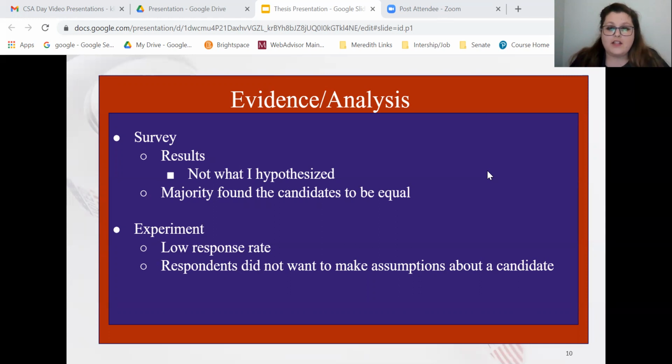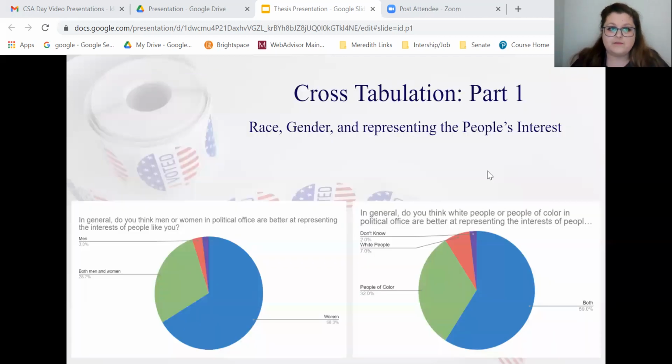And this was an anonymous survey, so I am confident that social desirability wasn't an effect on not wanting to make this decision. But I really feel that they just needed more information on the candidates themselves.